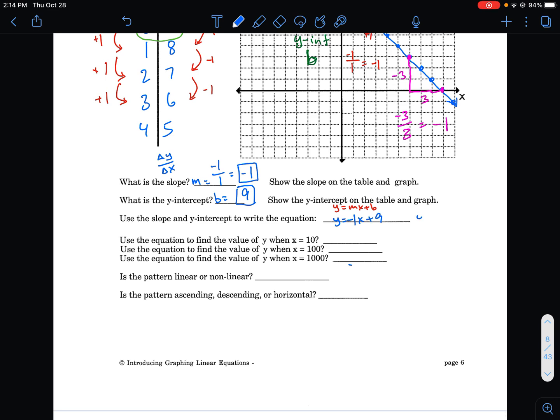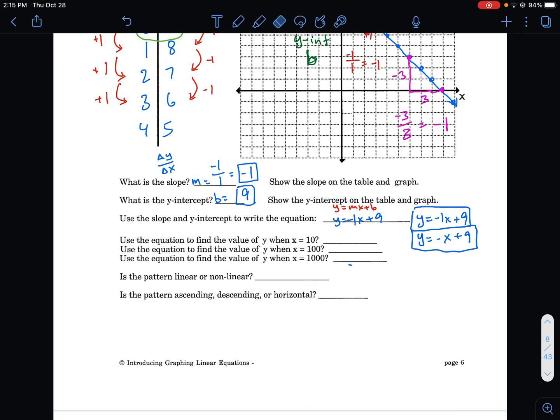Let me write it on the side so it's clear. y equals -1x plus 9. You may also see it written as y equals -x plus 9. Now, why -x? Because -1 times x is -x, okay? So both of those are correct.